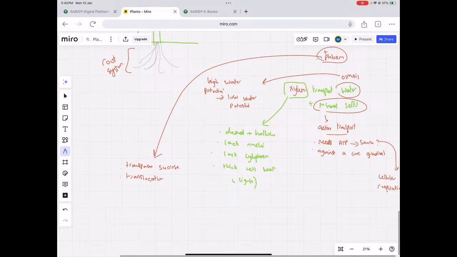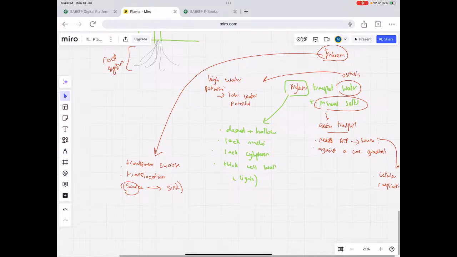In translocation we have a source and a sink. The source is where we make the carbohydrates, so we're performing photosynthesis. The sink is the end destination for this sucrose. So always know that sucrose goes from the source to the sink and not the other way around.